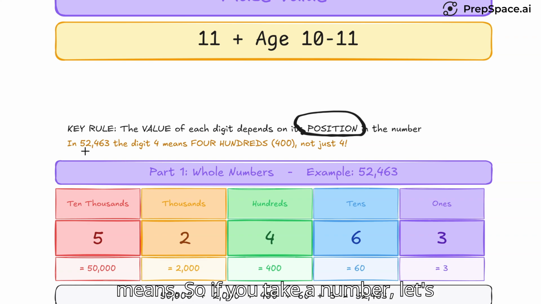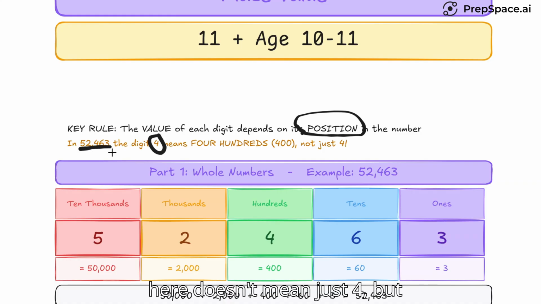So if you take a number, let's say 52,463, then the digit 4 here doesn't mean just 4, but it's actually 400. Now if you heard how I read the number 52,463, that's where I said 400.